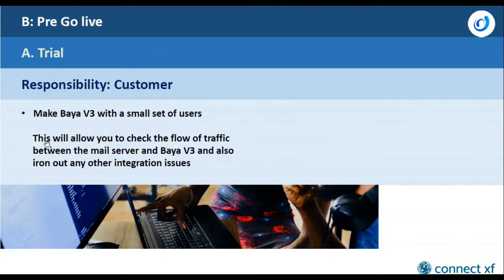You can give these users access to the new setup, and with that testing you can confirm the flow of traffic between the mail server and BIA 3, and also iron out any other integration issues. So the pre-go live step will be the trial for a small set of users.